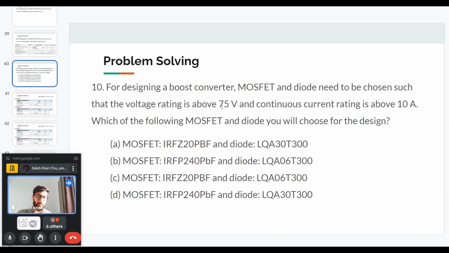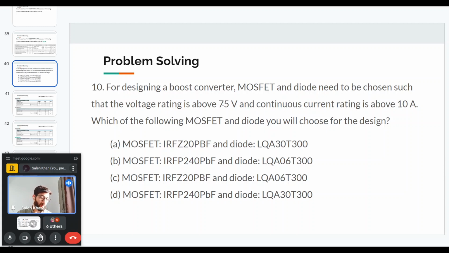So if we use a MOSFET whose rating is less than 75 volt, then the MOSFET can break down. Let's say you have a boost converter and the output voltage is 75 volts. Then if you use a MOSFET with a rating of only 50 volts, then as you try to go to 75 volt output, your MOSFET will break down.